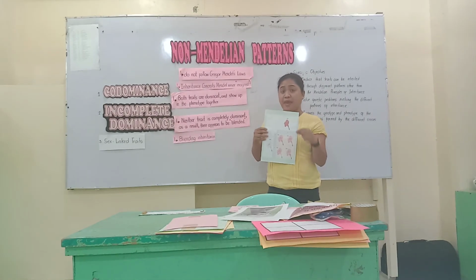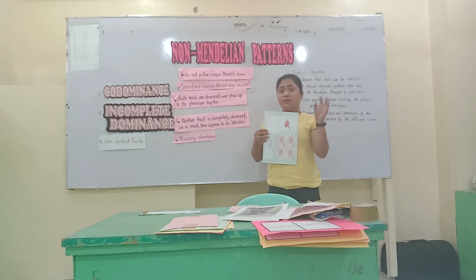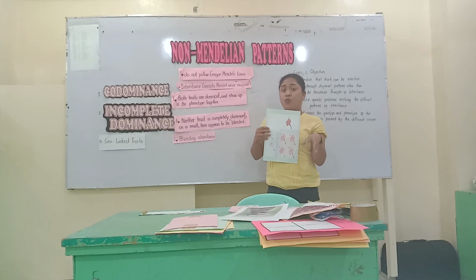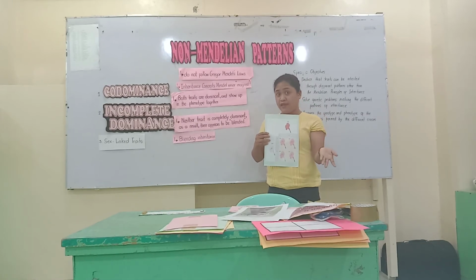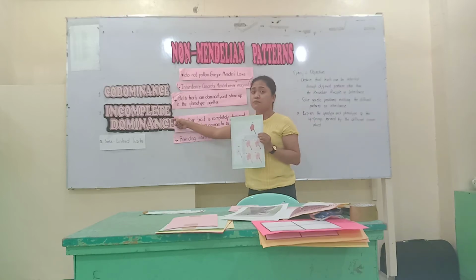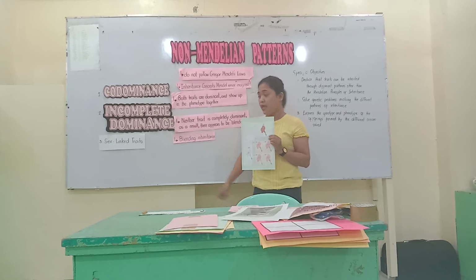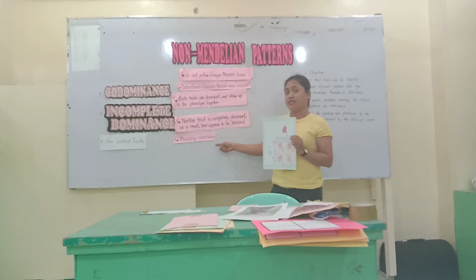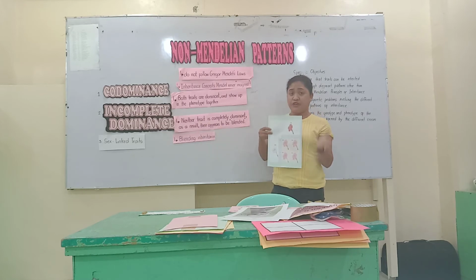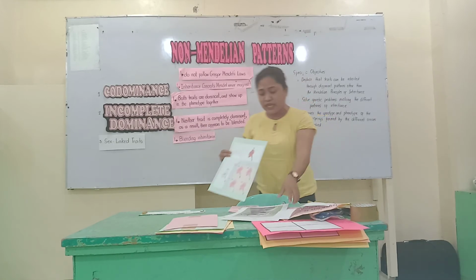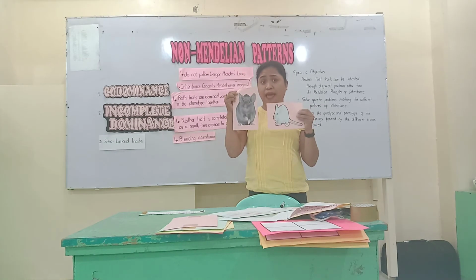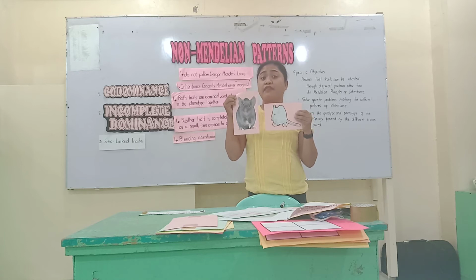No, just like pinks. When you mix black pink and white pink, ang resulta will be gray. Okay? So that example is an example of an incomplete dominance. Okay? Blending inheritance. Neither trait is completely dominant, but as a result, there appears to be blended. What if you have a white mouse and a black mouse? What do you think will be their offspring?